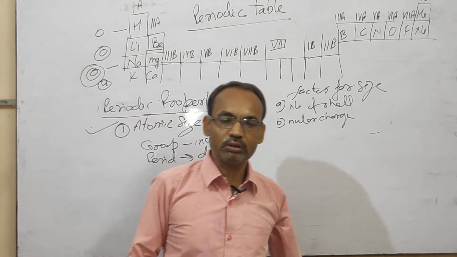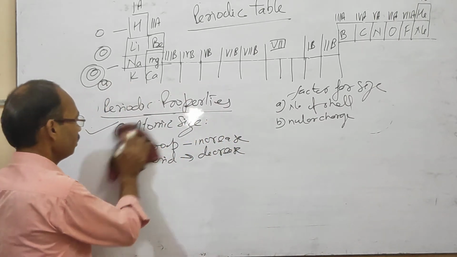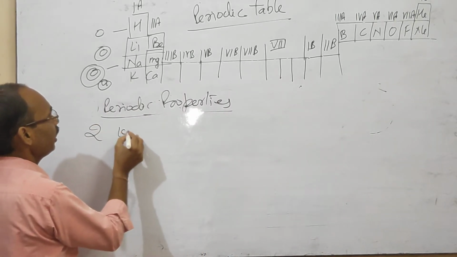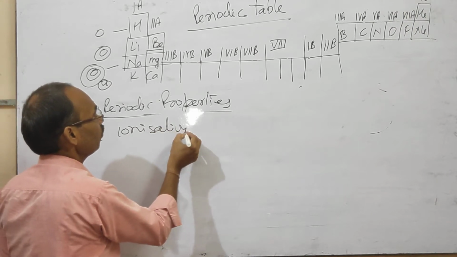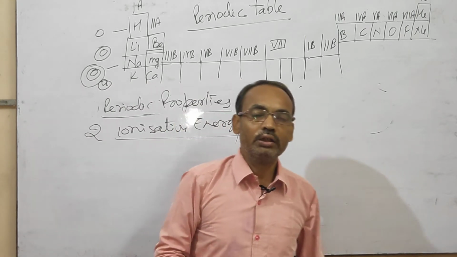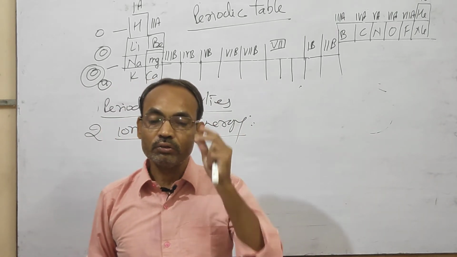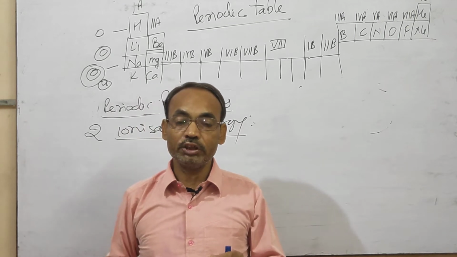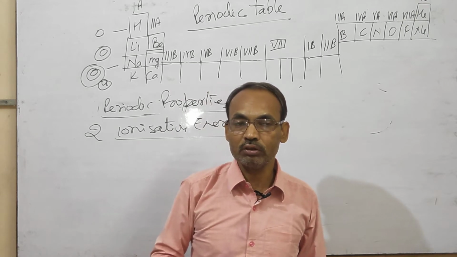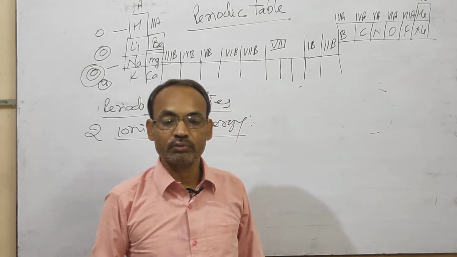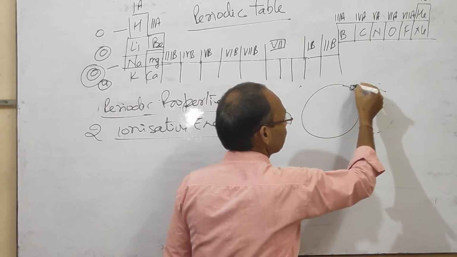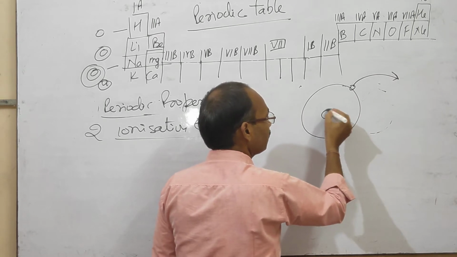The second property is ionization energy. What is ionization energy? Ionization energy is the amount of energy required to remove one electron from the valence shell of a gaseous atom.